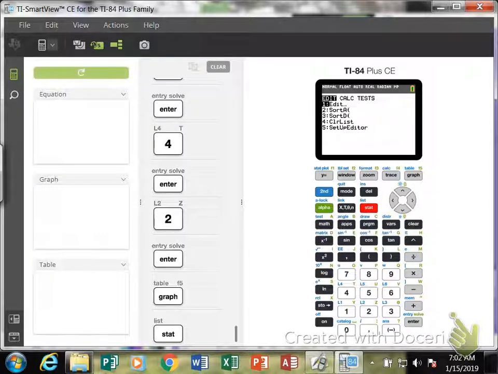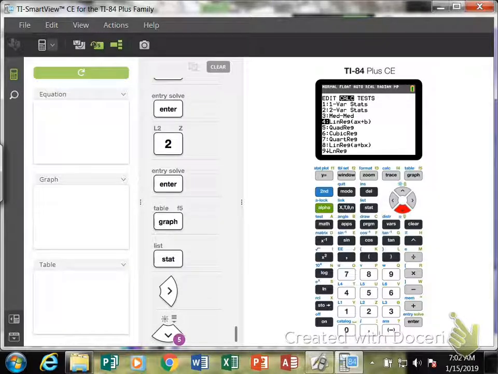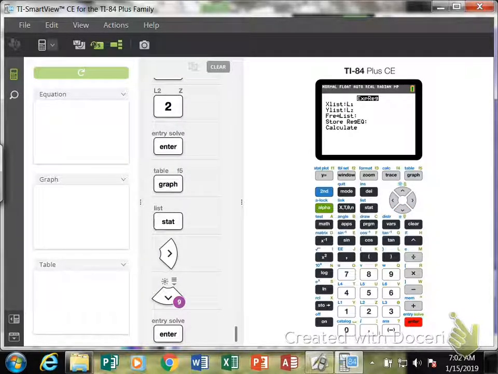Go to stat, go to calc. I know it's exponential, like I said, so we want to go down here to find exponential regression, EXP reg, hit enter, and there's our equation. So A equals 64, B equals that 0.87.